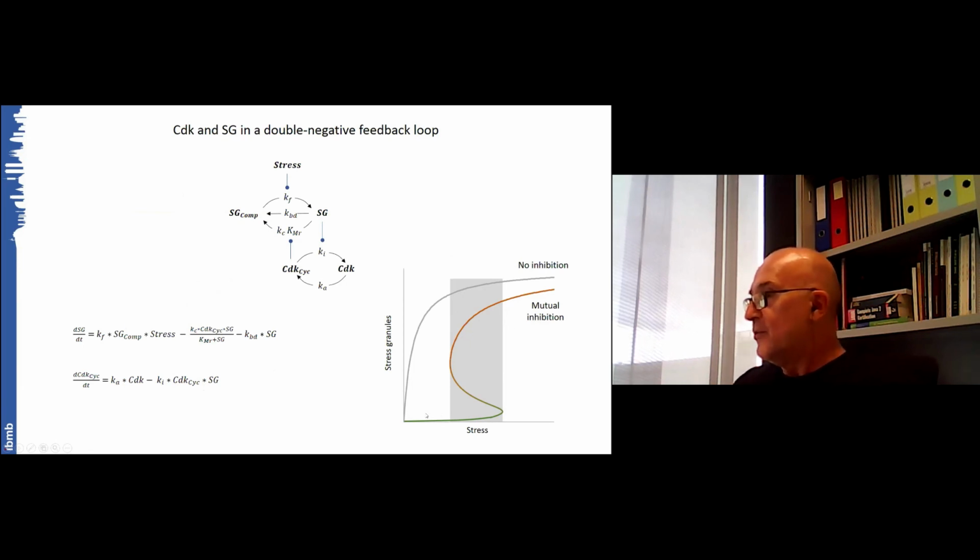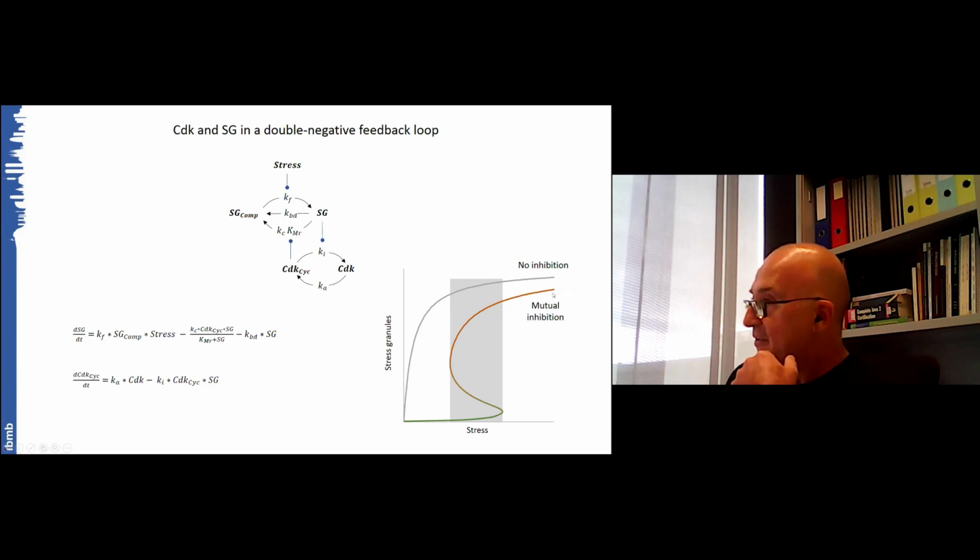And of course, if we had no inhibition at all, we would have this sort of Michaelian kinetics, producing lots of stress granules with just a little stress. So the usefulness of these bistable systems is quite obvious. They help the cell to prevent stress granule formation under conditions that do not merit all that effort, particularly when the stress is not that high.